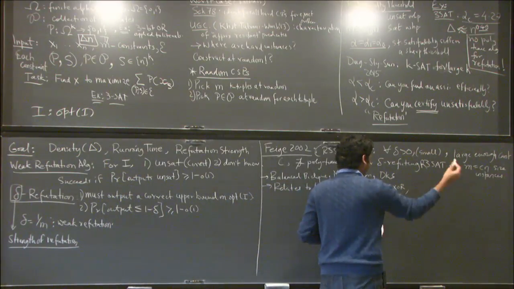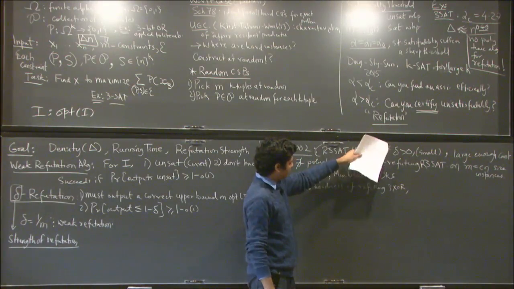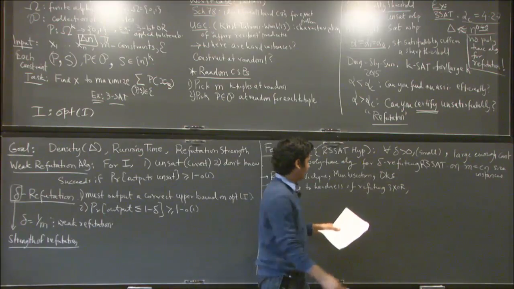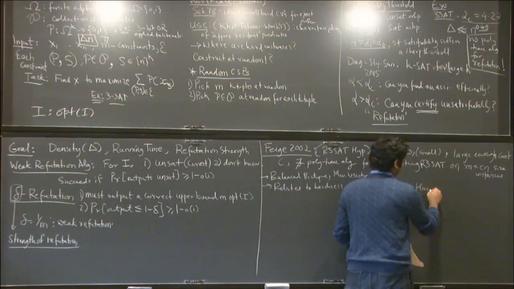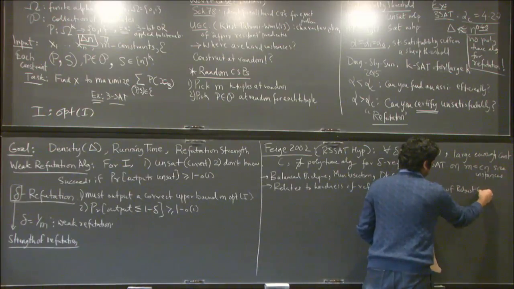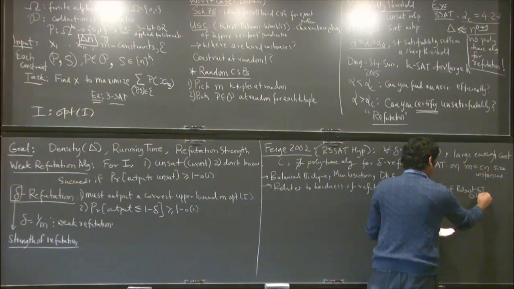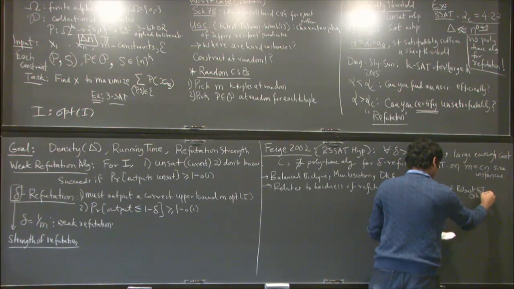Using this, new results were proved just by making a similar hypothesis for 3-XOR. You get hardness for robust graph isomorphism, for example, robust GI. This is a paper of O'Donnell, Wright, Wu, and Zhou from '14.